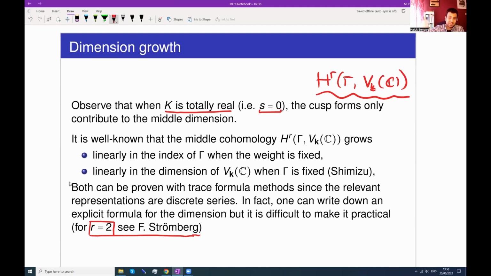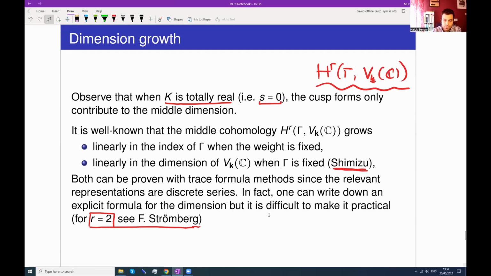So it's going to be something like k to the r, right? And this, as far as I know, was first observed maybe by Shimizu, again, by trace formula kind of things. Right? Yeah, so we have very healthy, ample growth of complex cohomology: it grows linearly in both the index direction and in the weight direction, just like in the classical modular forms.